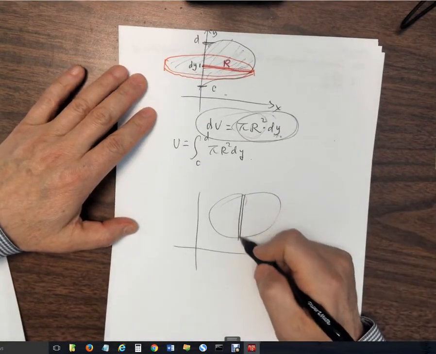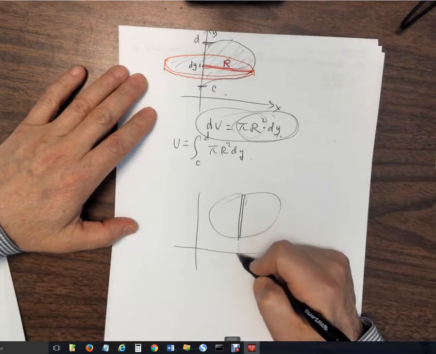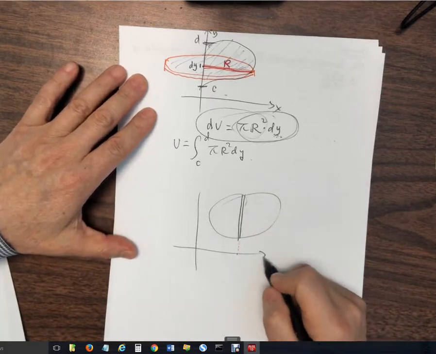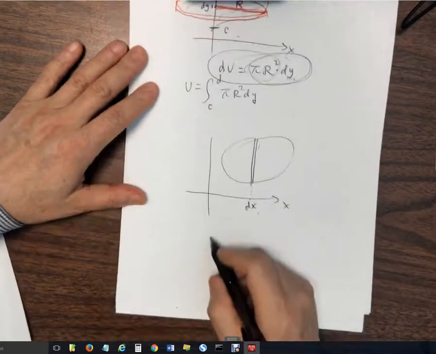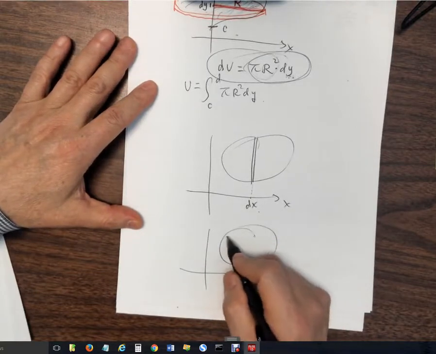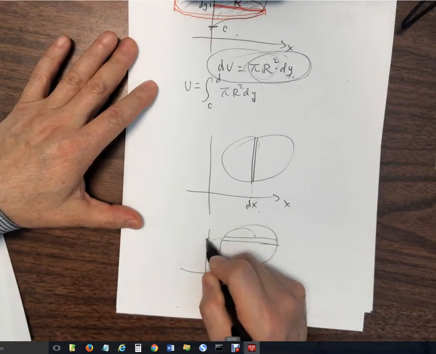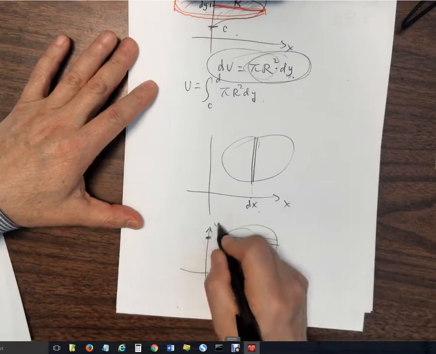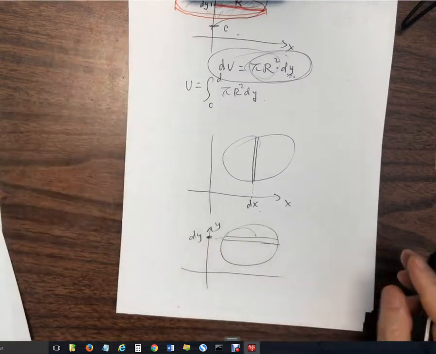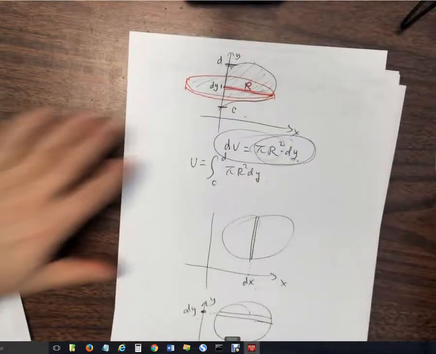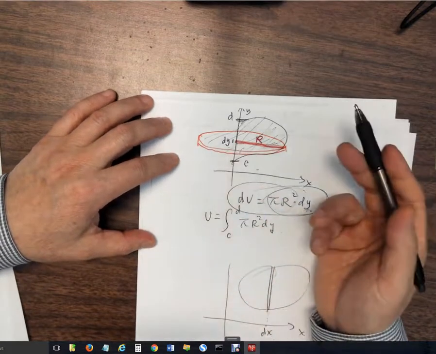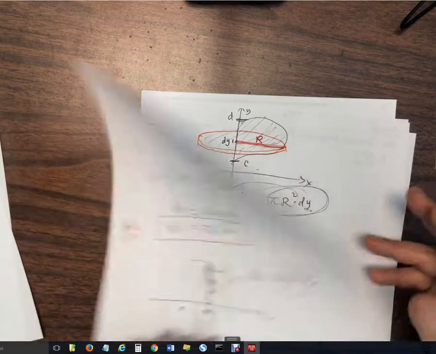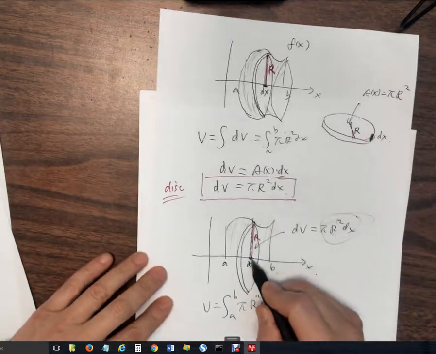In the vertical strip, in this case, if you extend it, it would intersect with the x-axis, and that says dx. All right. Or if instead you pick up a horizontal strip, extend it, you would hit the y-axis, so it's a dy. Now, of course, there are cases you don't even need to extend, like here. It already intersected with the y-axis. Of course, it's dy. If instead the strip intersects with the x-axis already, of course, it's a dx. Okay.